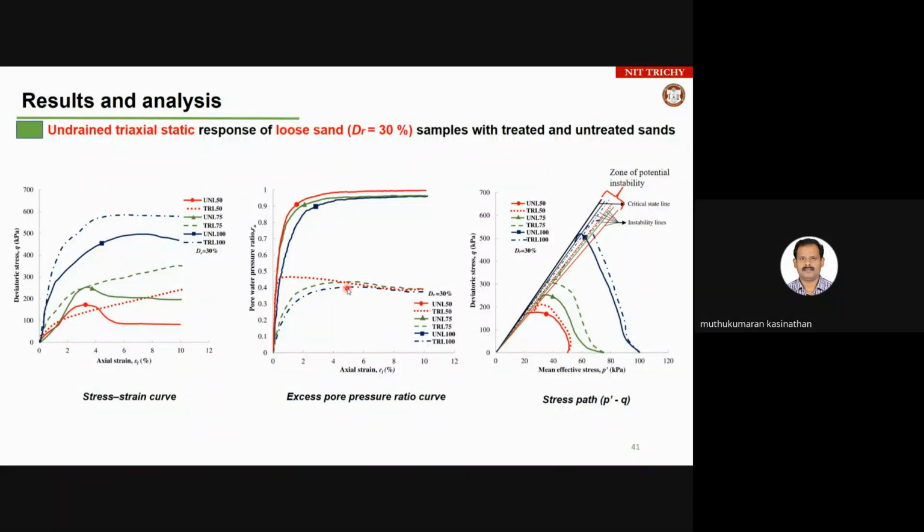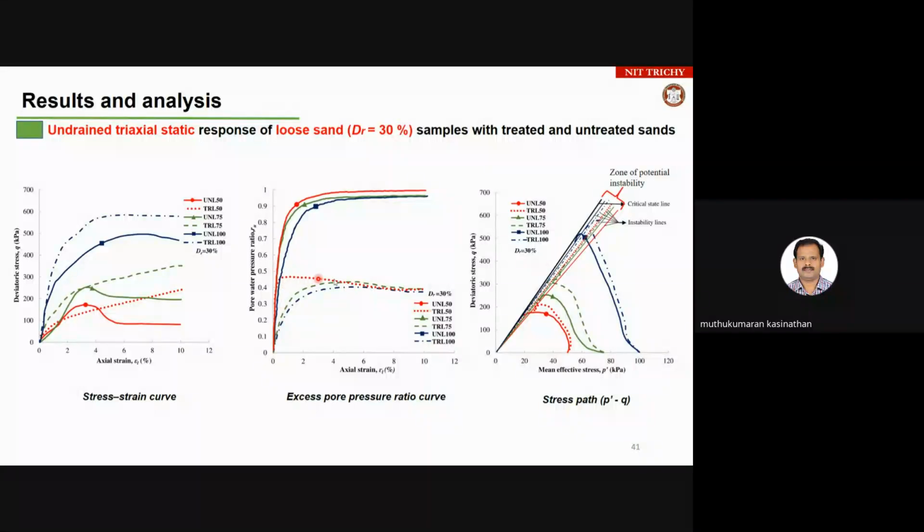So this clearly shows that 30% relative density subjected to earthquake motion corresponding to 0.2 CSR value, we introduce and start the liquefaction process, even with an axial strain within 2%. So it is very common. So you have a risk of liquefaction.